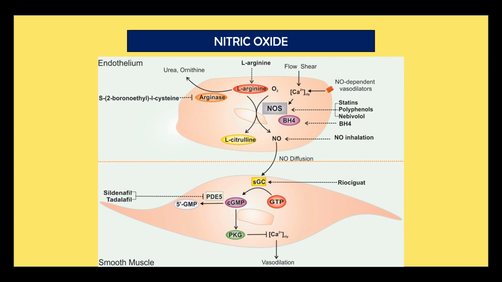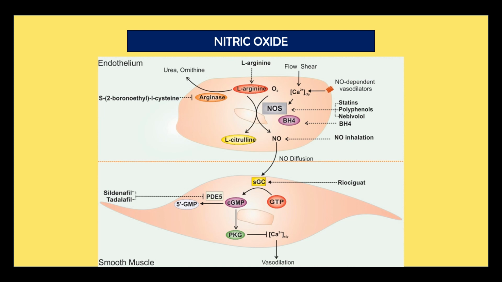This increases the enzymatic activity, resulting in the synthesis of the secondary messenger cyclic GMP, which induces muscle cell relaxation and blood vessel dilation. Thus, guanylyl cyclase acts both as an intracellular receptor for nitric oxide and as an intracellular signaling protein.